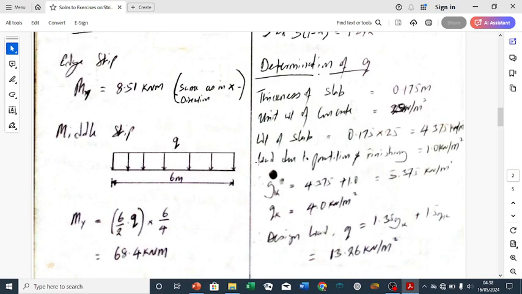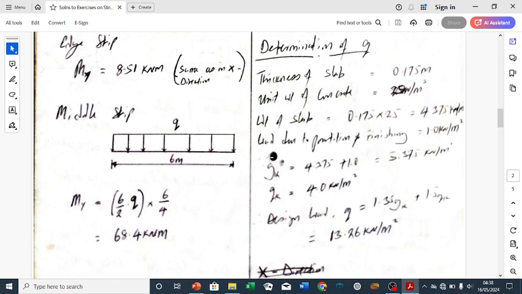Now, due to partition and finishing, we were told it is 1.0 kilonewton per meter square. So you can add the two, the weight of slab and the load due to partition. That will give us our characteristic permanent action GK as 5.375 kilonewton per meter square. And we were told that our characteristic variable action, our QK, is 4.0 kilonewton per meter square.